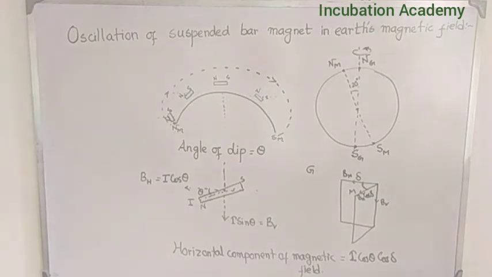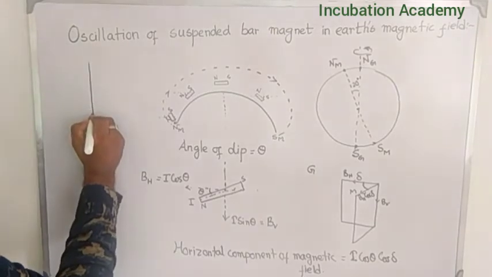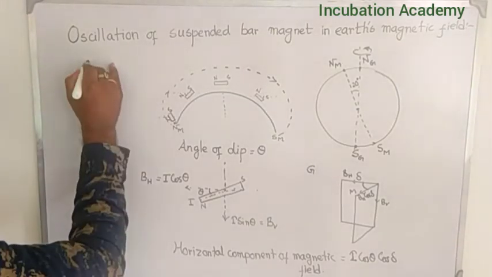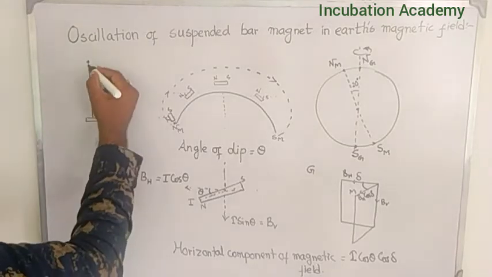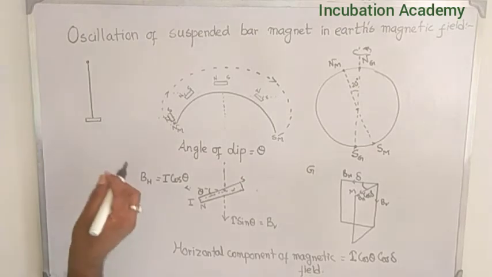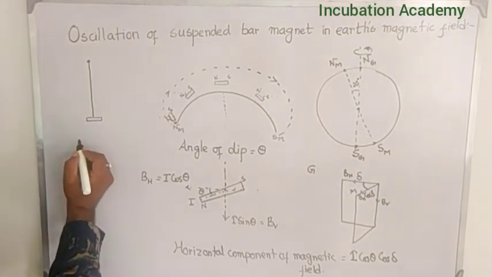Now, oscillation of the suspended bar magnet in the Earth's magnetic field, how is it? Let us consider a magnet is hanged from a fixed support, and the mass of this thread is completely negligible compared to the mass of this magnet.